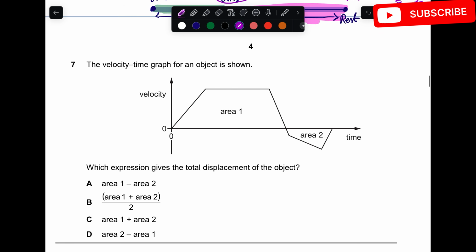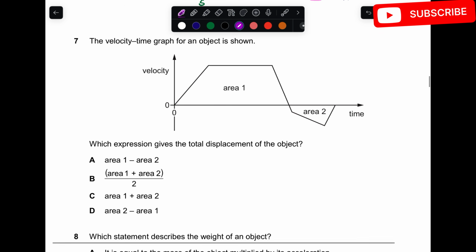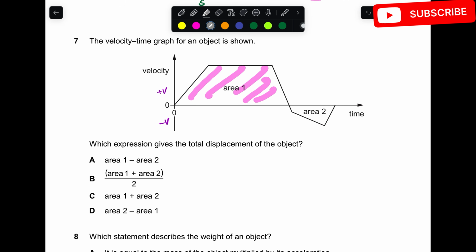In question 7, the velocity time graph for an object is shown. Which expression gives the total displacement of the object? So if you see, the velocity is positive here, velocity is negative here. So for this journey, it is moving forward, for this it is moving backward.